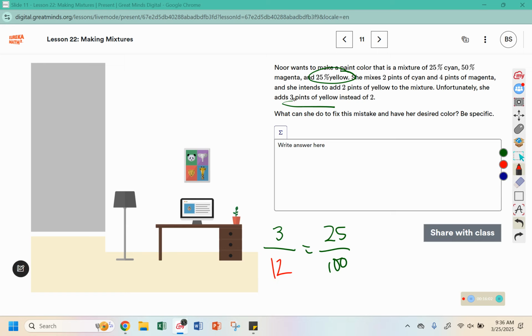So she's going to need 3 for the yellow, and since cyan is the same percentage, she would need 3 cyan. So 3 yellow plus 3 cyan, that's only 6. So to get 12 for her entire mixture, she needs 6 of the magenta.